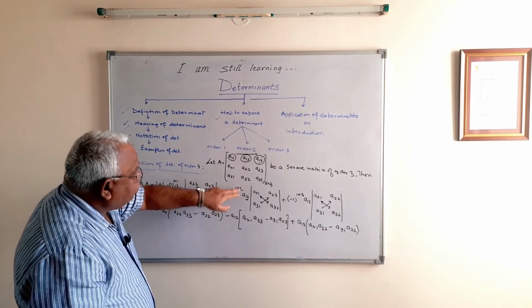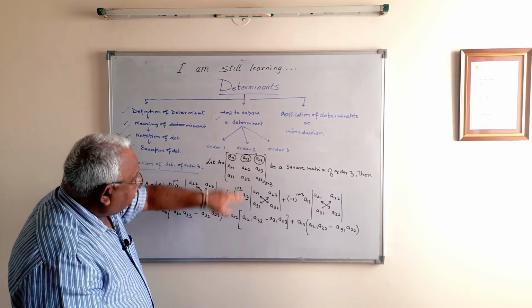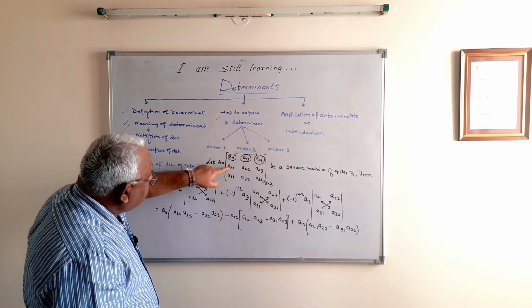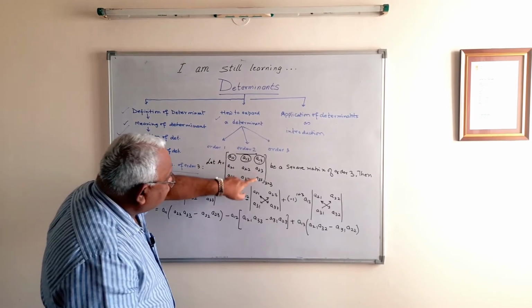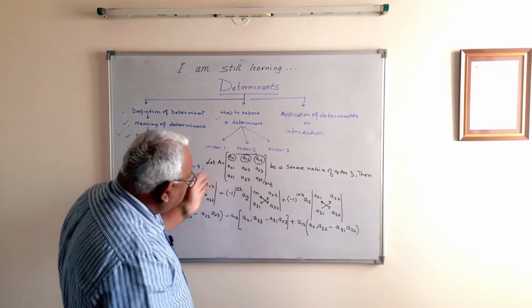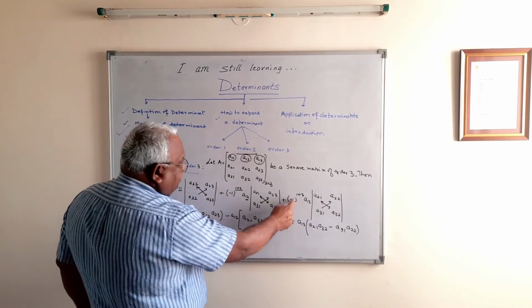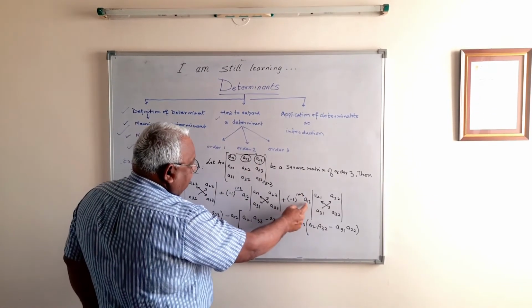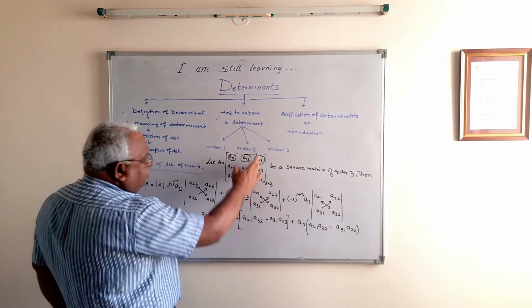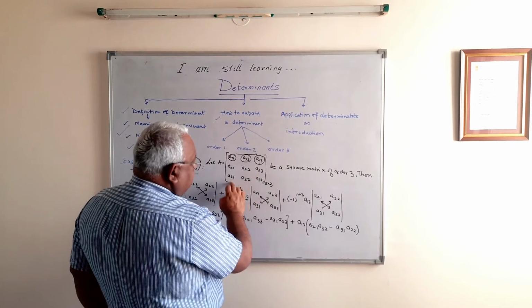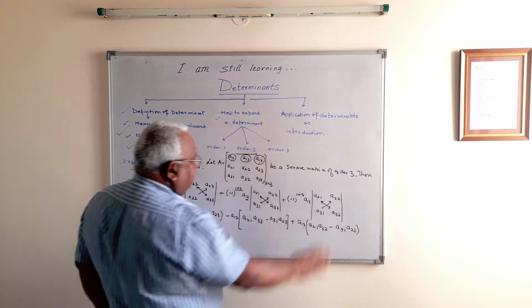Then -1 to the power 1 plus 2 element, and then delete this column and this row. You will get A21, A31, A23, A33, and then again you follow the same. Then you take the third element, -1 to the power 1 plus 3 element, and then delete this row and this column. You will get A21, A22, A31, A32.